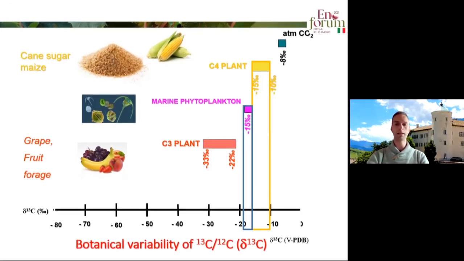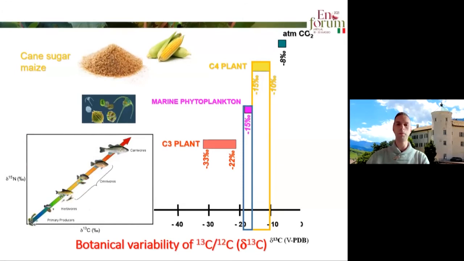We have negative values between -22 and -33, while the variability of C4 plants, including maize and cane sugars, has less negative values. In between these two ranges, we have sea phytoplankton, including crustaceans, where the value is approximately -15 per thousand, not percent, but per thousand.